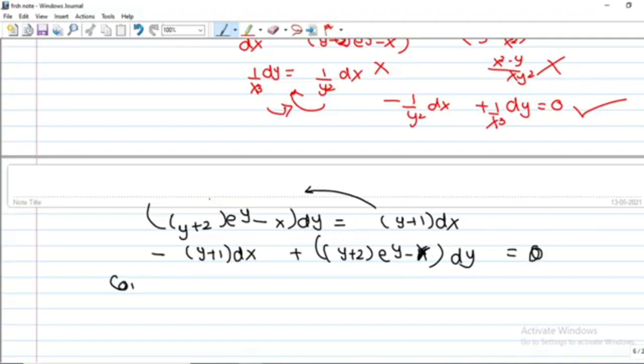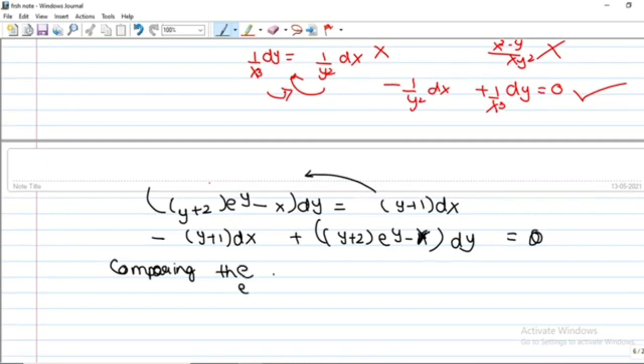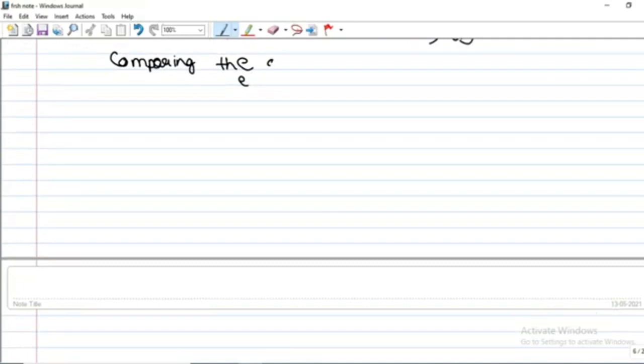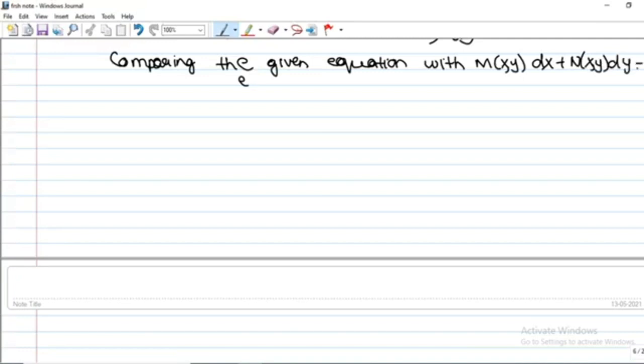Now comparing the given equation with M of x comma y dx plus N of x comma y dy equals 0, what do we get?